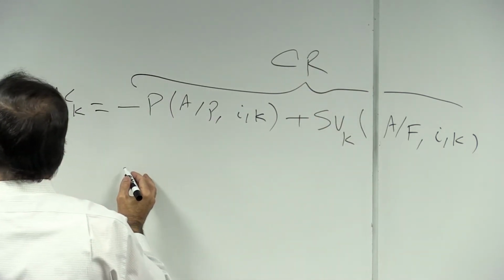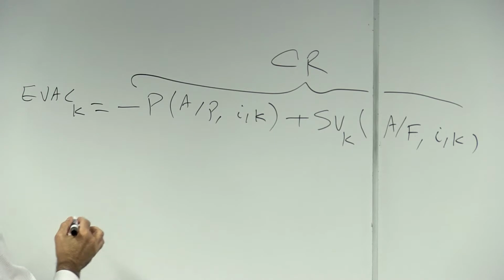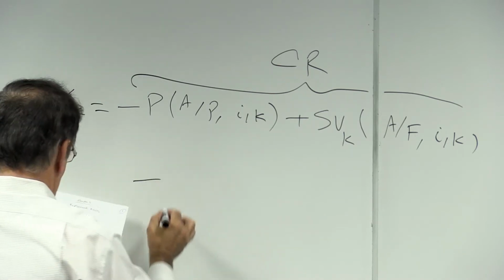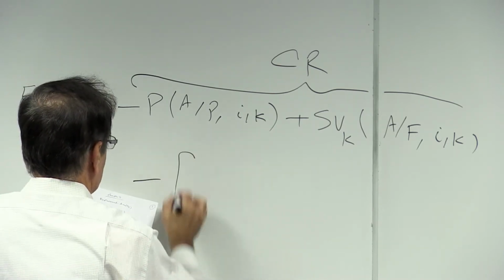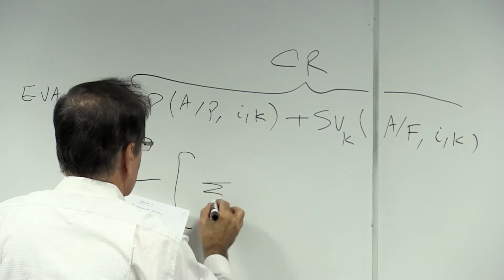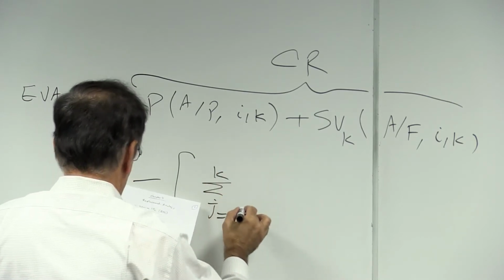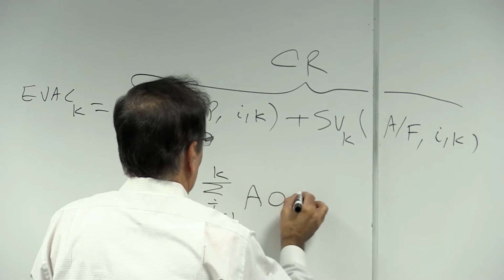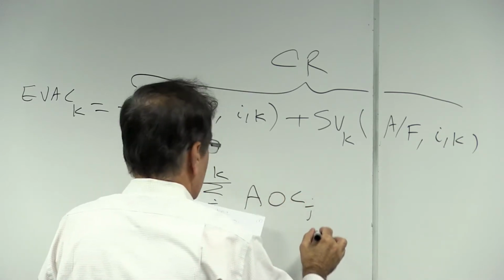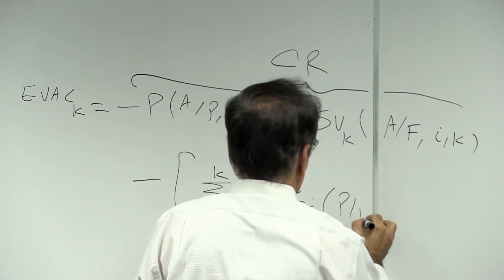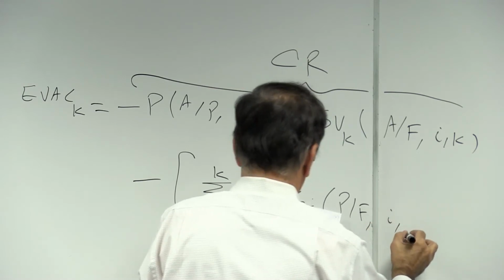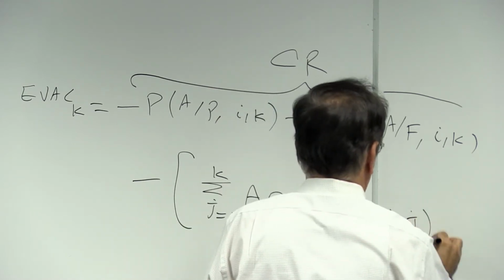Then we're going to add the second component, which is the annual operating cost, which is going to be the summation of, so j goes from 1 to k, the annual operating cost for year j times (P/F, i, j).